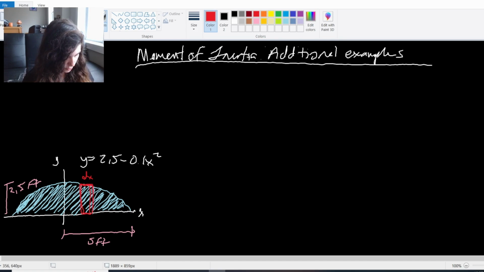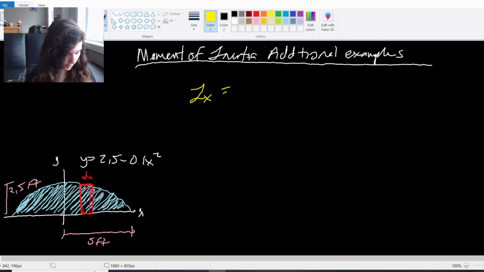Your very first step is always choosing whether you're going to take a vertical or a horizontal slice. In this case, we're going to take this vertical one, which means that for our x equation, we're going to be using parallel axis theorem, because the slice is perpendicular to the x-axis.